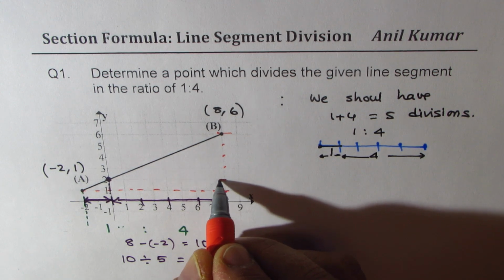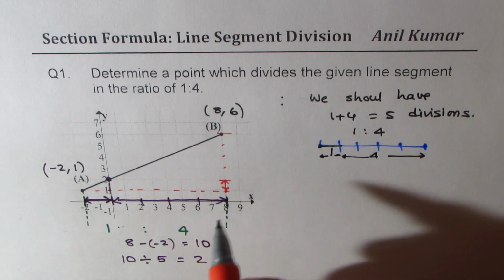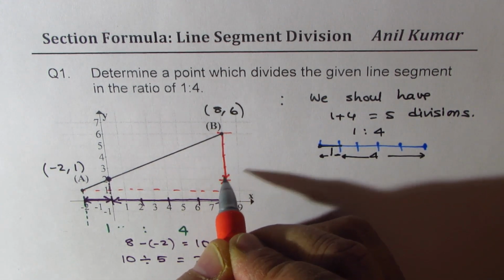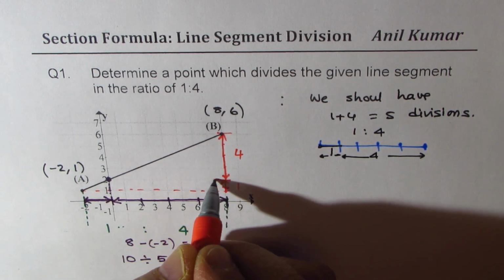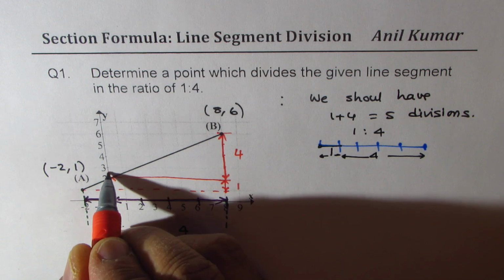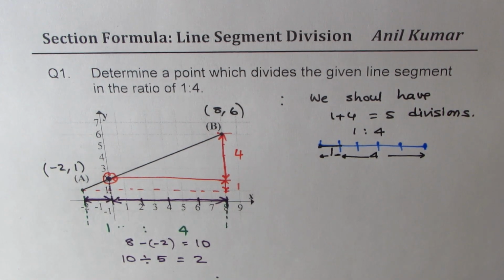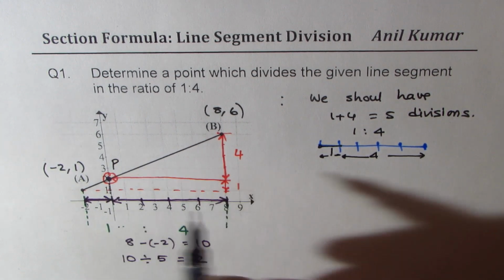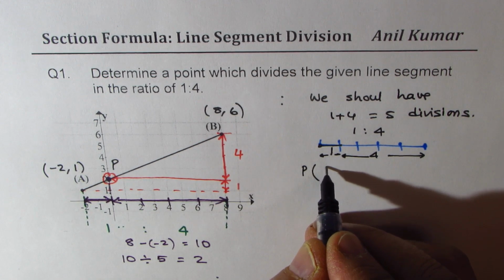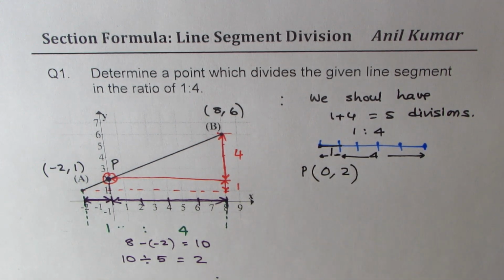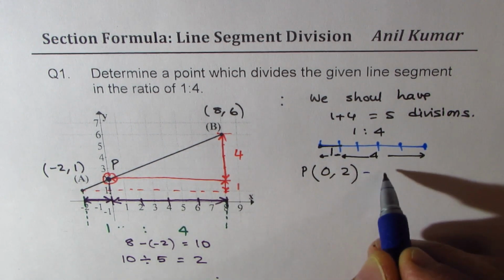So you can see this is like 1 and that is 4, right? So we have 1:4. And from here, if you go, where do you land up? At the same point. Do you see that? So our answer clearly is a point P, and the coordinates of this point P, you can read from the graph, is 0, 2. Does it make sense? So that is how we find the solution using a graph.